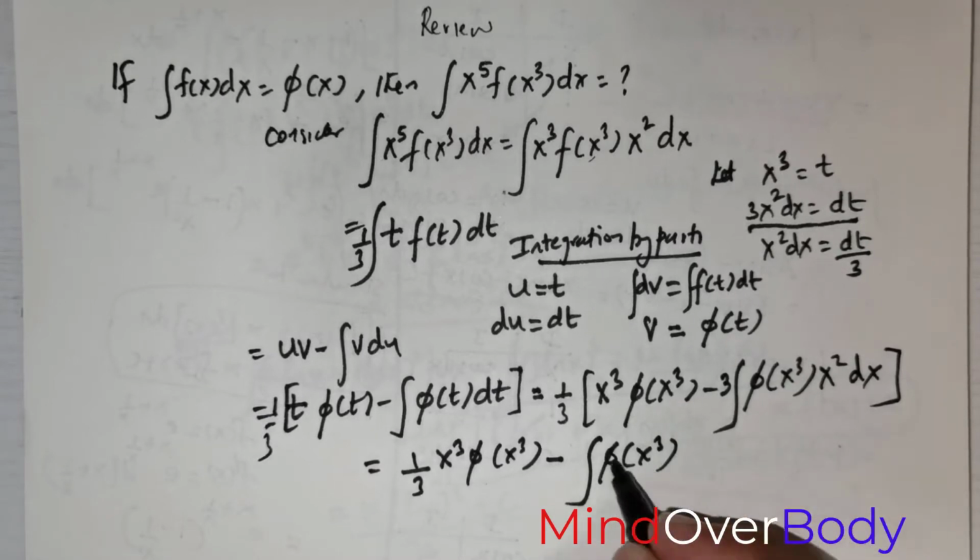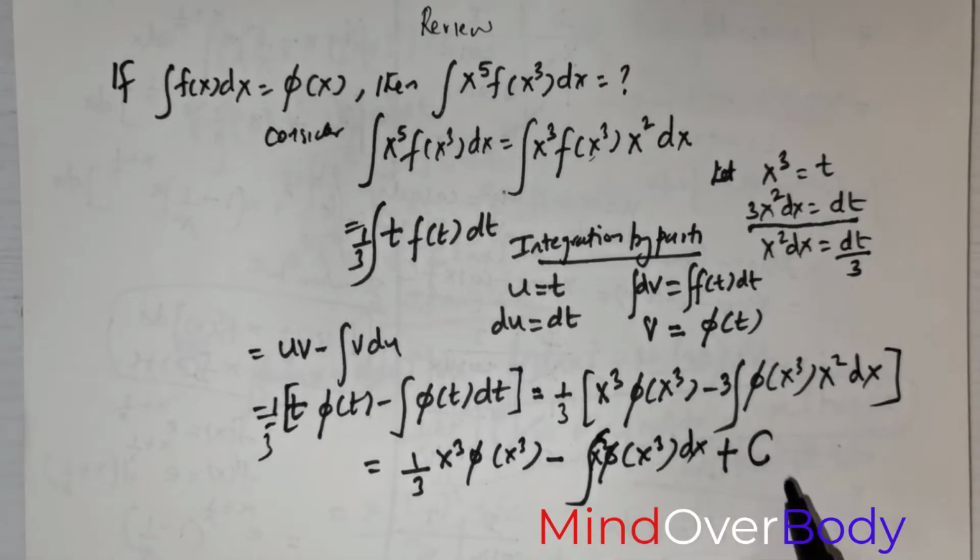Of course, it's better that we place this x squared over here, x squared times dx. I hope you can see this x squared here. So this is the final solution. Of course, we need to place the arbitrary constant c.